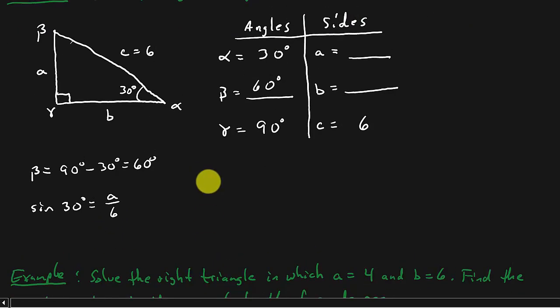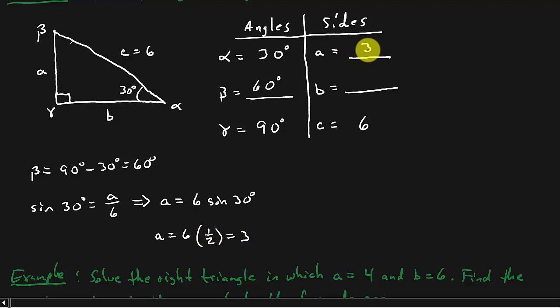So if I solve this, A is equal to 6 times the sine of 30 degrees. If I multiply by 6, the 6 cancels and comes up here. And the sine of 30 degrees is 1/2, so A is 3.